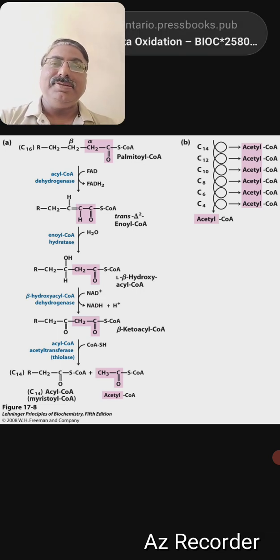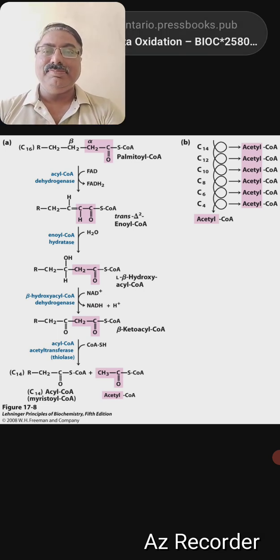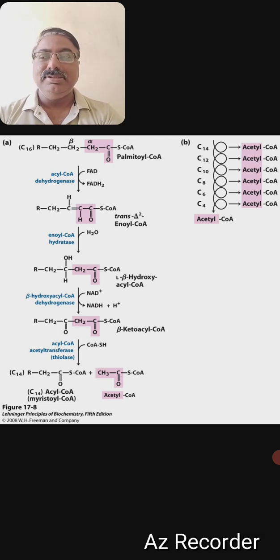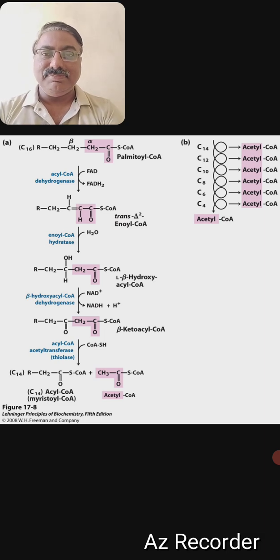There are 4 steps which repeat again and again for the beta oxidation of complete fatty acids. We'll see those 4 steps first. The first step is removal of hydrogen, and it is carried out by acyl CoA dehydrogenase. Acyl is nothing but any long chain group, and since coenzyme ASH is attached, the substrate is acyl CoA, and the process carried out is dehydrogenation, and that's why the name of the enzyme is acyl CoA dehydrogenase.